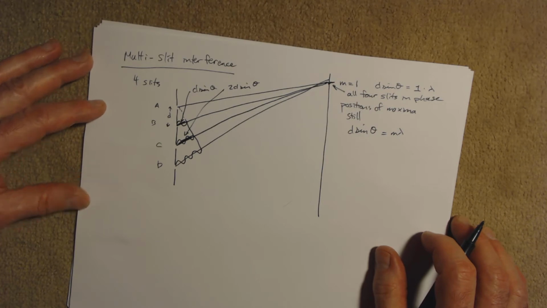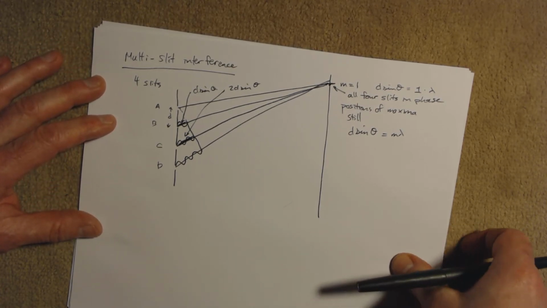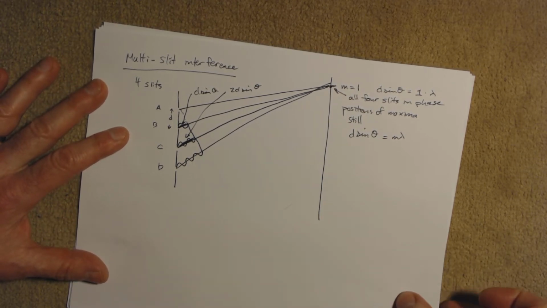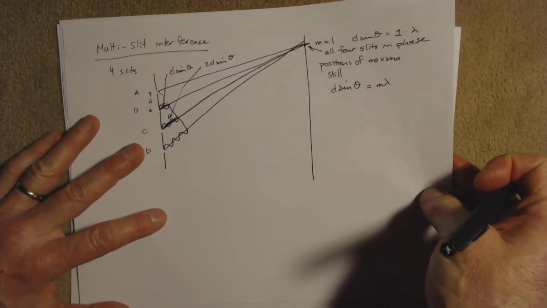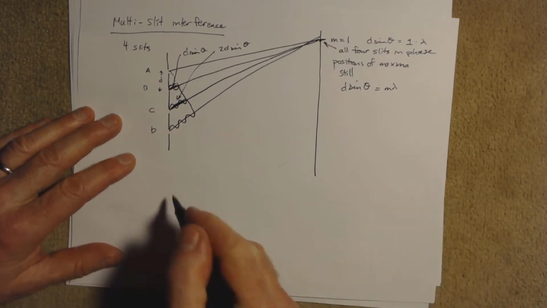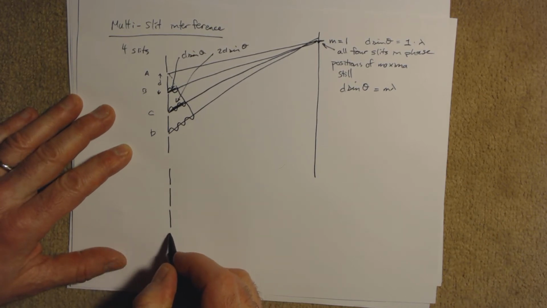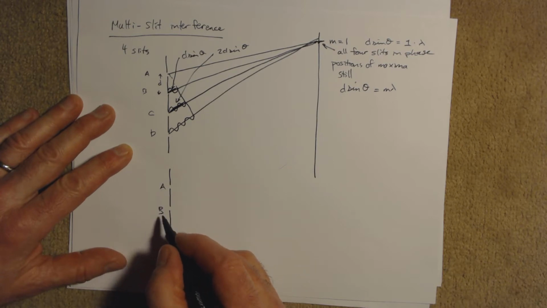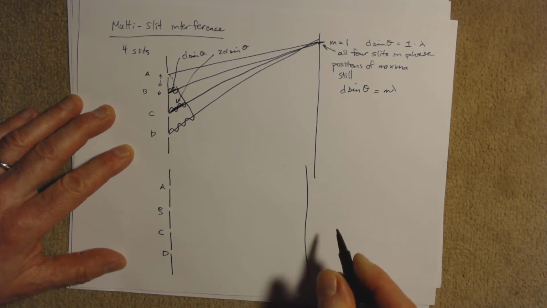But now let's think about the effects of destructive interference. So maybe I can fit this on the same piece of paper. I keep on turning it sideways a little bit, straighten it out. So same pattern of 4 slits, A, B, C, D. Here's our observation screen.